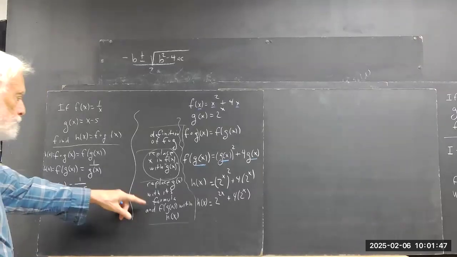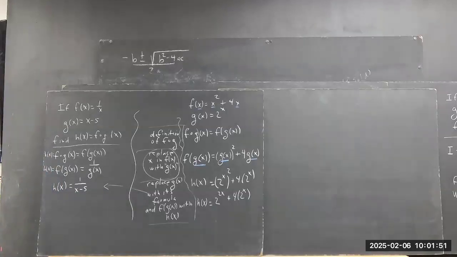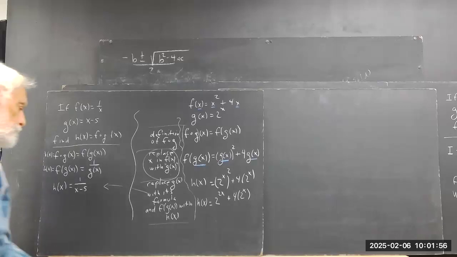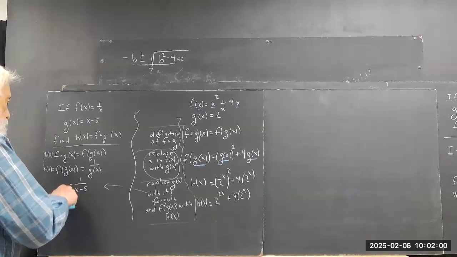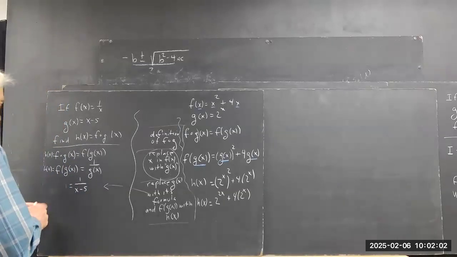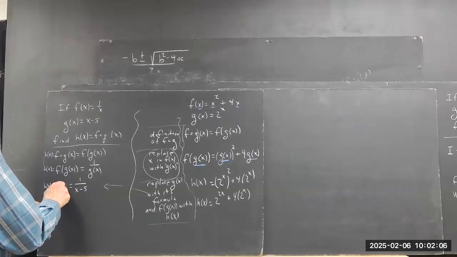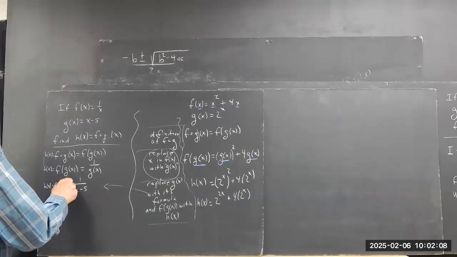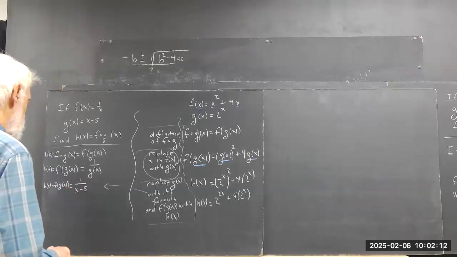Now this is where we replace g of x with its formula. It wouldn't hurt to write it all: h of x equals f of g of x equals 1 over x minus 5.